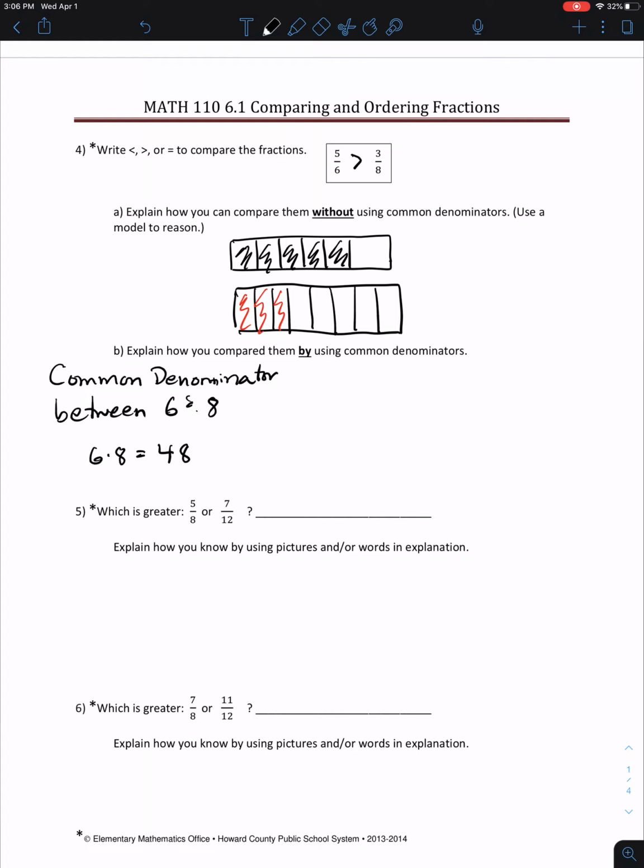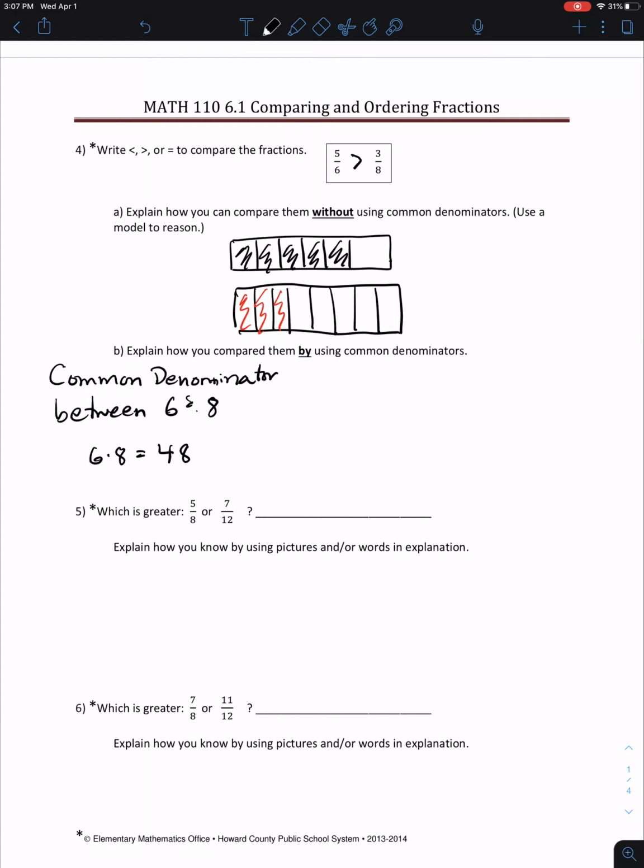It may not be the smallest common denominator, but it's going to be a common denominator. In this case, 24 would technically be the smallest, but if you have trouble finding the smallest common denominator, it's okay. Just multiply the 2 bottoms together and get the common denominator that way. So I'm going to do it that way just to demonstrate.